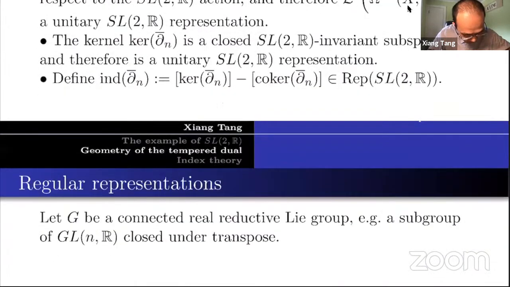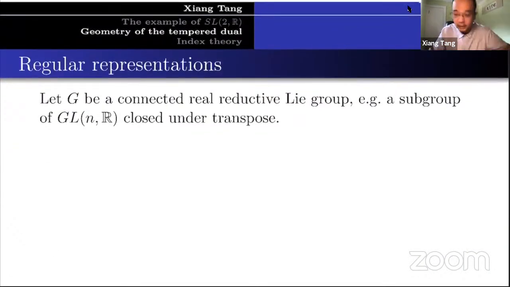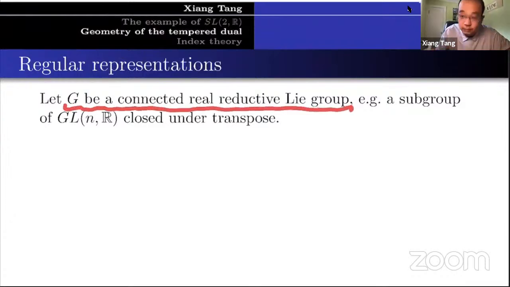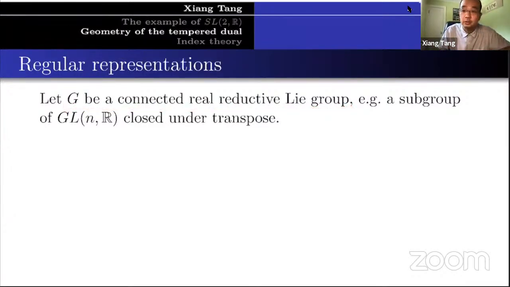Now, as I promised, I need to introduce a little bit more analysis to make my study more precise. So here I want, first of all, to generalize SL2 to connected real reductive Lie groups. What are these groups?